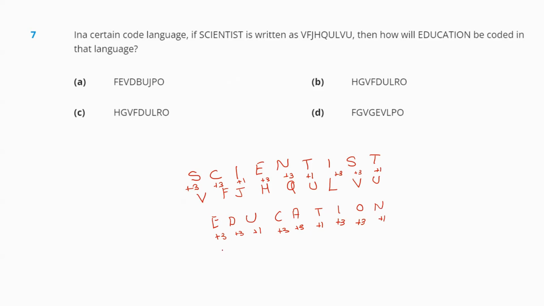So E plus 3 is H, D plus 3 is G, U plus 1 is V, and so on, F, D, U, L, R, and N plus 1 is O. So can we find any option like this?